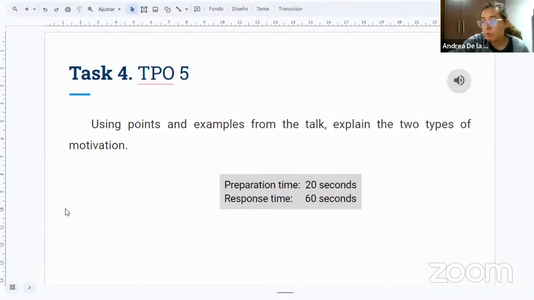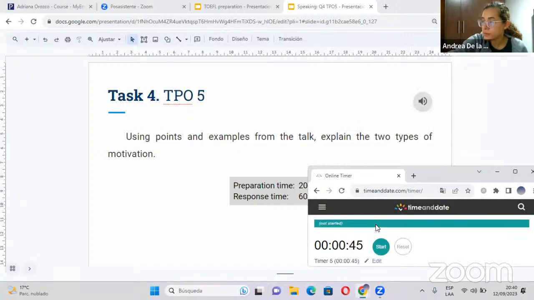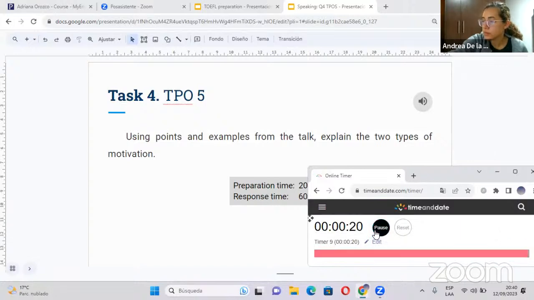Okay. So, using points and examples from the talk, explain the two types of motivation. Now you guys will have 20 seconds to prepare your responses. Okay.